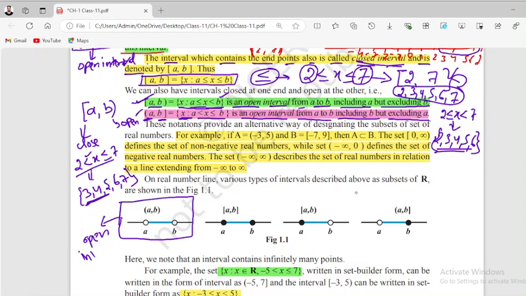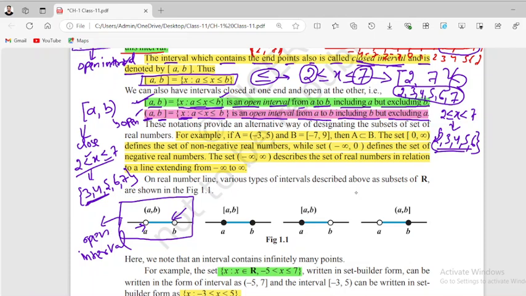Open interval. This blank circle is not colored black, and this one is also not colored black, so the empty circles represent an open interval.